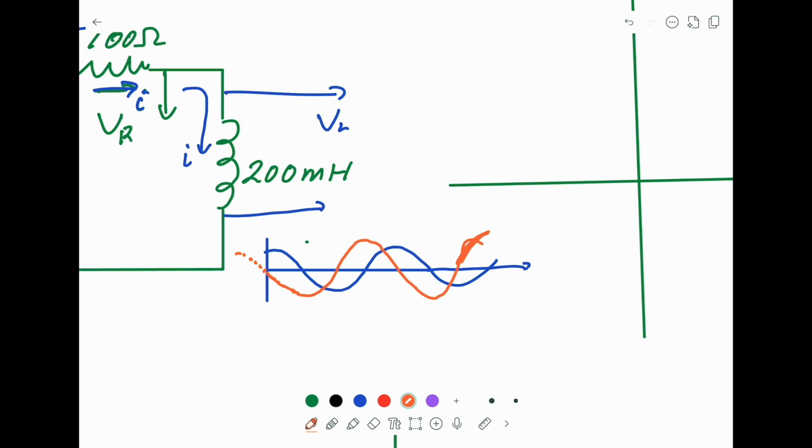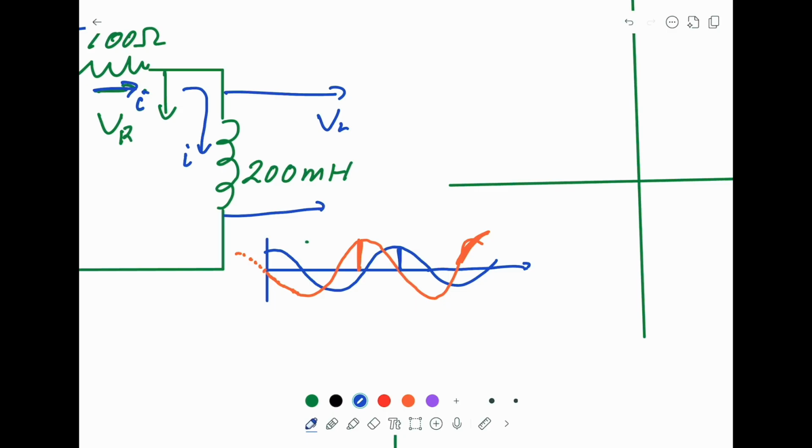Now the peak of the voltage and the peak of the current, they can be different. Of course, they have different units. However, again, we can say the peak here and the peak here, they are proportional.